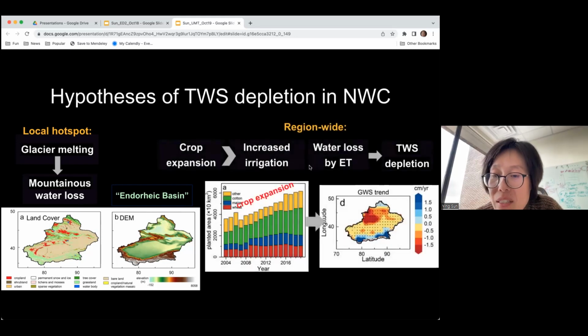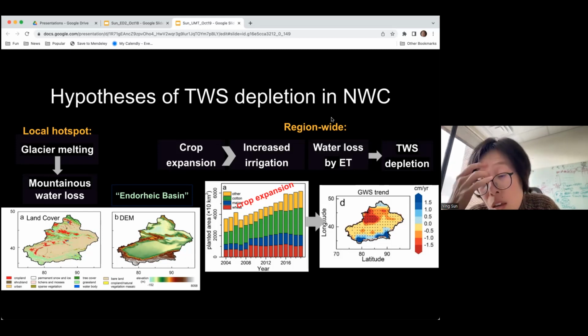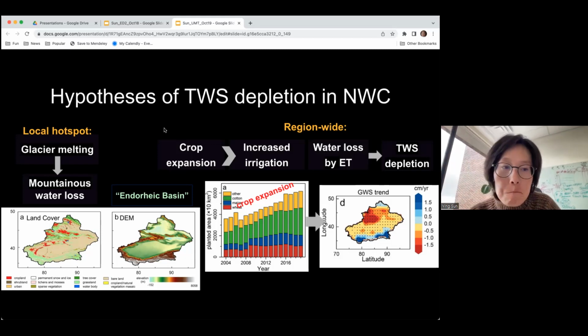The alternative hypothesis, when we try to explain this regional-wide water depletion, is that once there is crop expansion, there would be increased irrigation, and then there would be more water loss through evapotranspiration, and that will lead to the total water storage depletion. Because the water loss through ET just goes to the atmosphere. That's loss. That's why the water gets out of this basin.